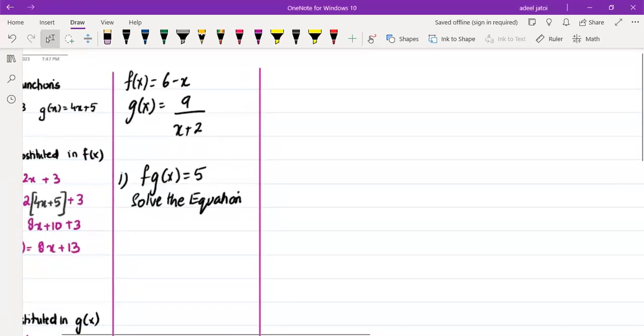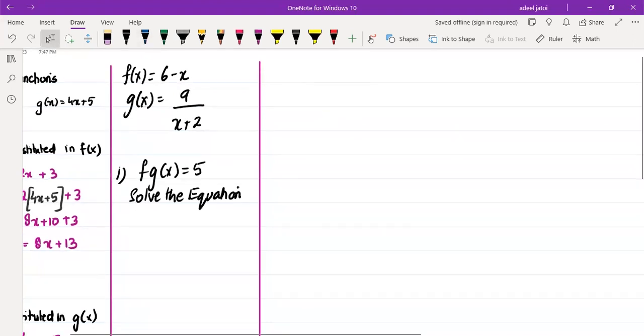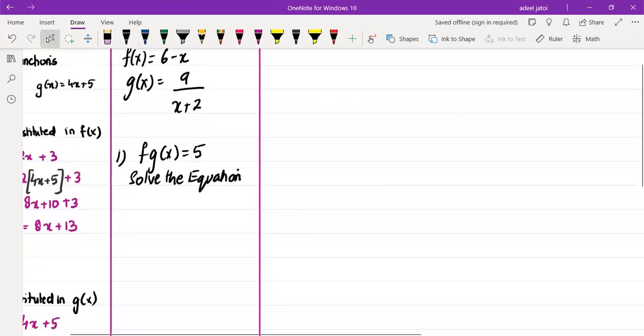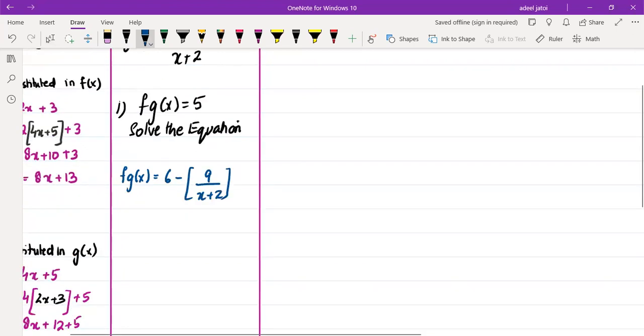Here's the example question: f(x) is equal to 6 minus x, g(x) is equal to 9 upon x plus 2, f(g(x)). So f(g(x)) would be the function of g(x) substituted in f: 6 minus 9 upon x plus 2, right?